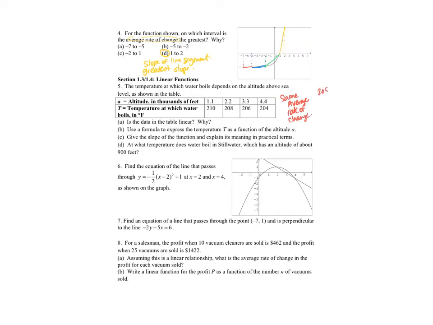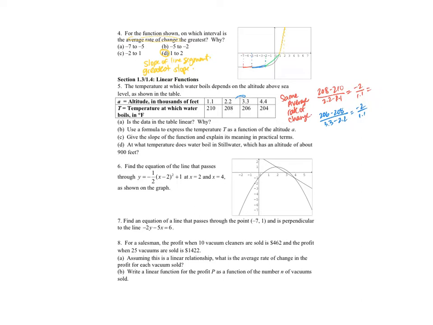If we do 208 minus 210 over 2.2 minus 1.1, that gives me -2 over 1.1. If I do the next interval here, I can do 206 minus 208 over 3.3 minus 2.2, and again I'm going to get -2 over 1.1.